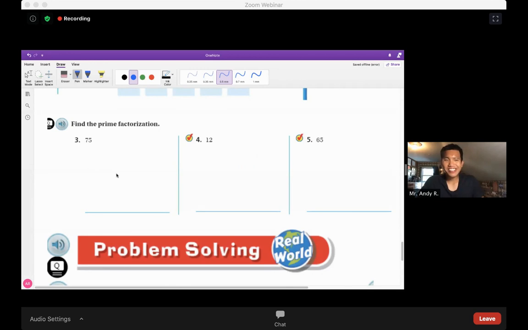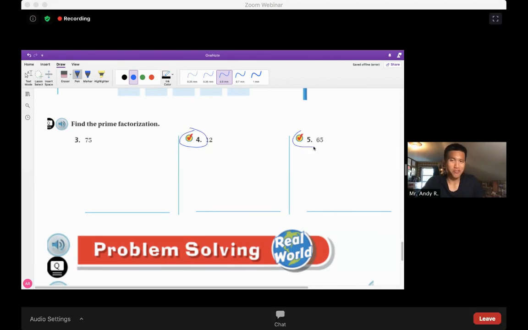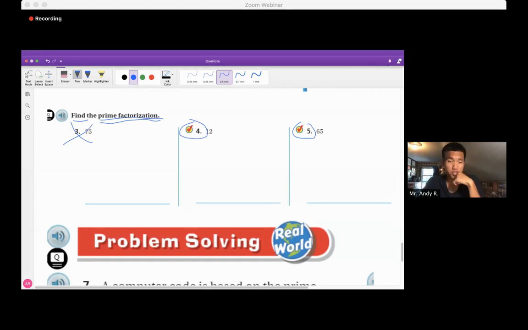Okay, kiddies, time to show your prime factoring skills. Let's try to do number 4 and number 5. You don't need to do number 3. Find the prime factorization. I'll give you 2 minutes. Is 2 minutes enough?